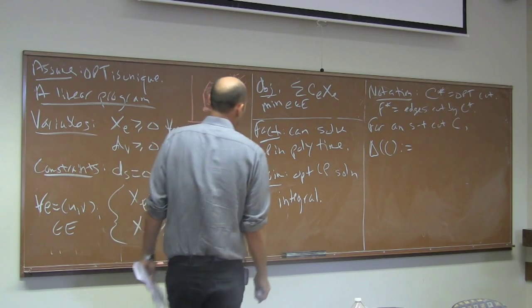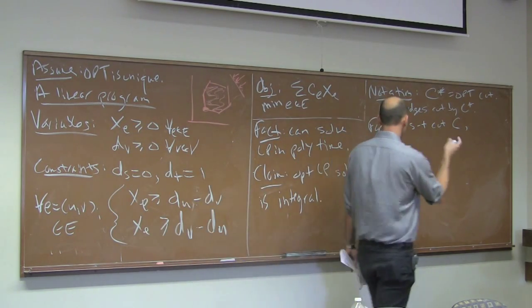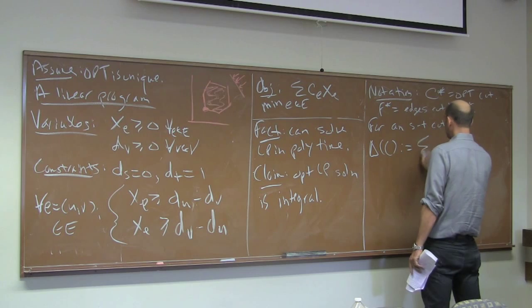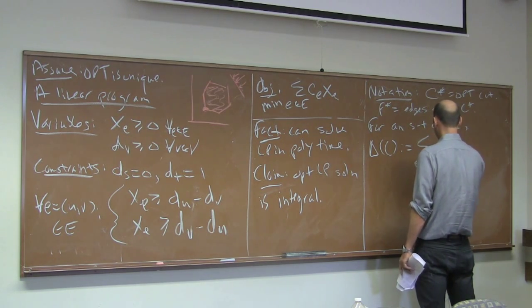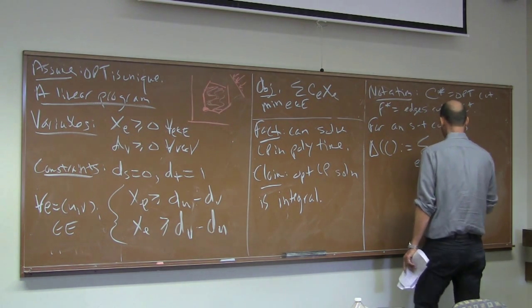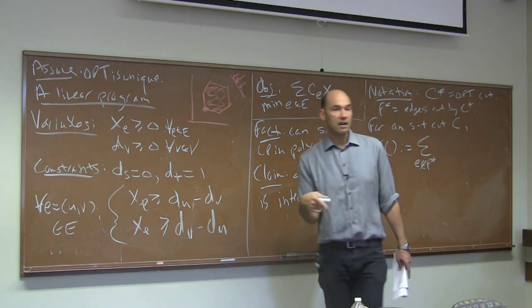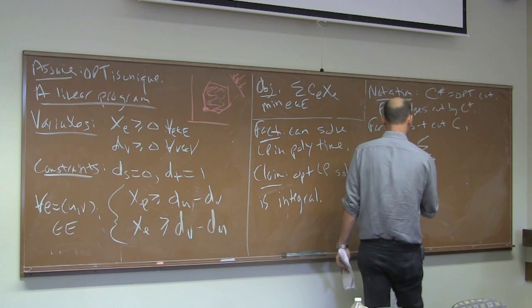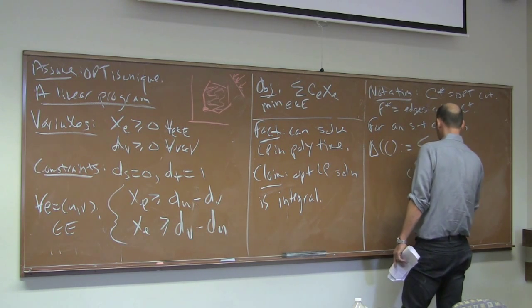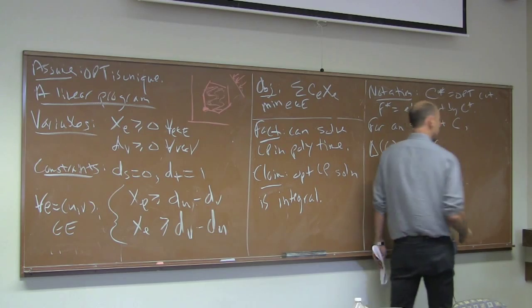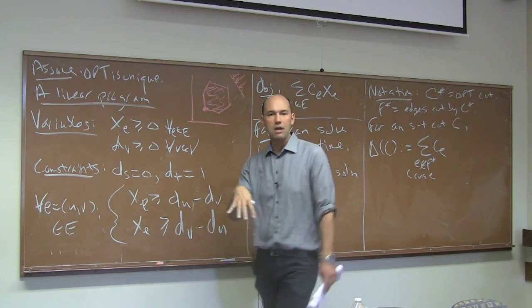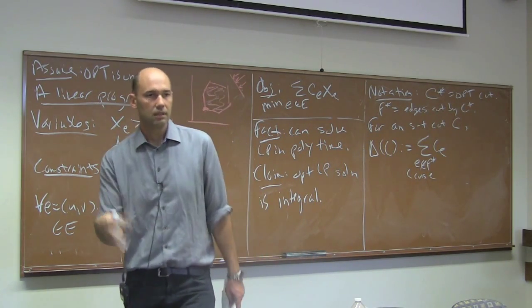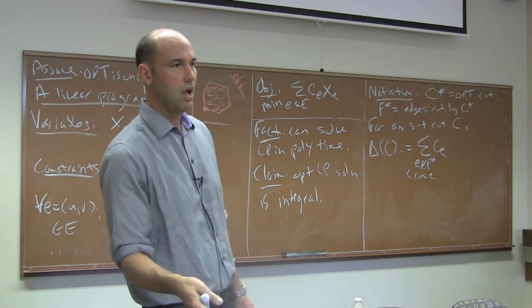So why is C more expensive than C star? Well, presumably, there are some edges that are not in F star, meaning the optimal cut doesn't cut these edges, but C does. So this is the extra cost, in some sense, that C is getting hit by, which C star is not.